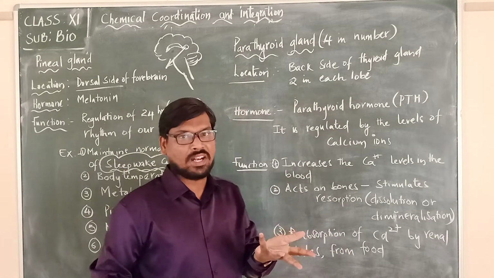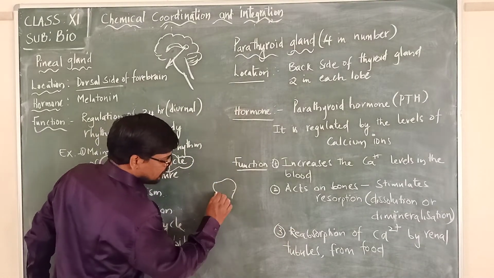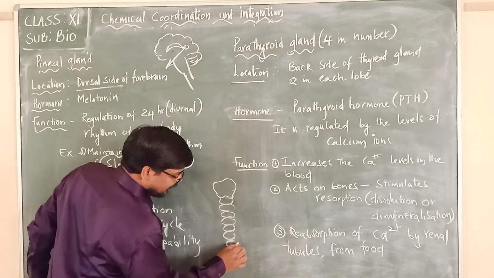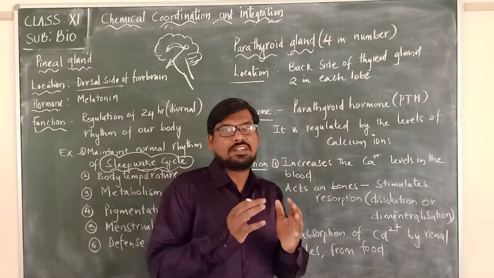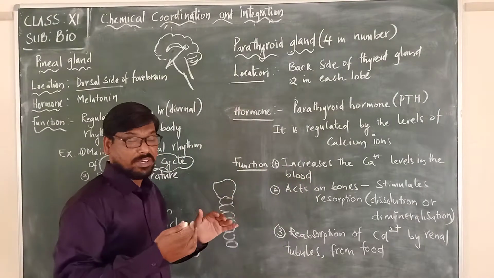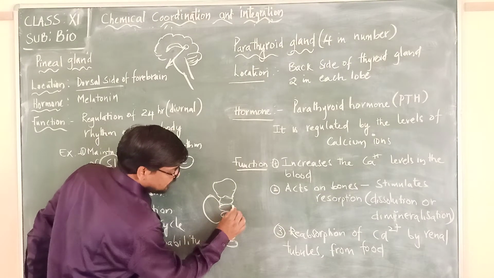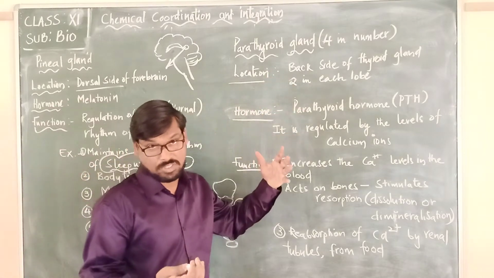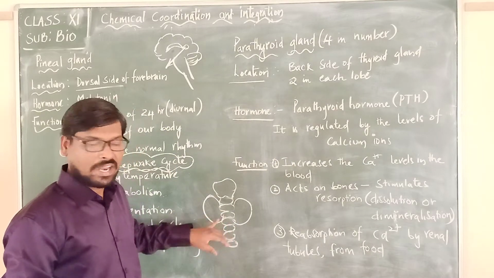And you know where the thyroid gland is? We say that the thyroid gland is present in the neck region, on the trachea. Let us say we are looking at the dorsal side, the back side of the thyroid gland, ventral side.